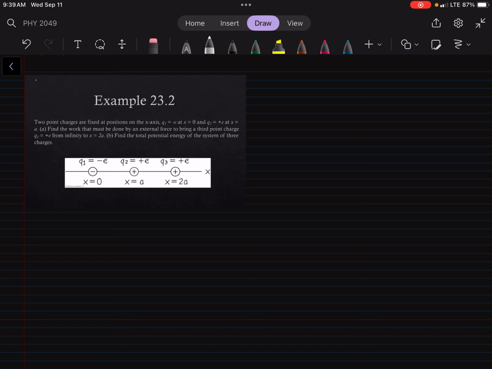So I highlighted an important word in the previous slide. It was external force. The work done by an external force is opposite in sign to the work done by the electric force. So the work done by an external force is equal to the negative of the work done by the electric force.